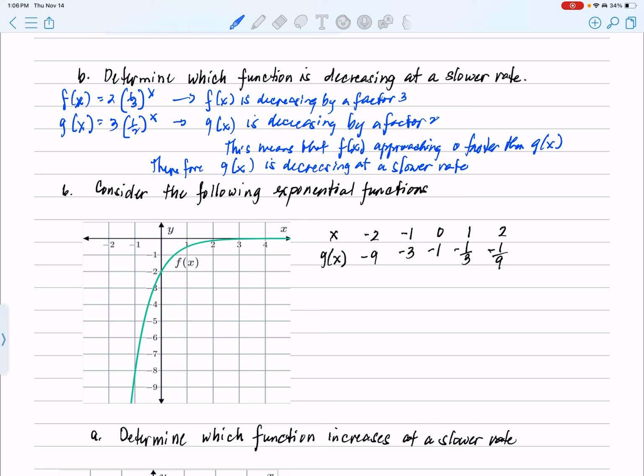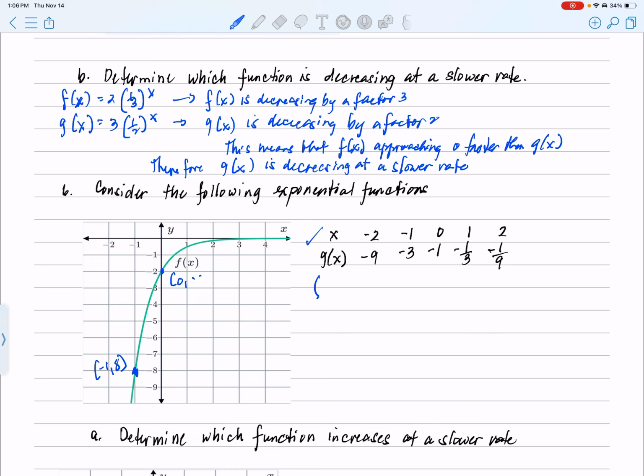So we could use the points when it's -1, because we have f of x here, and this is g of x. We can see the f of x from here. When it's -1, it is -8, and we can use this as 0 and -2.